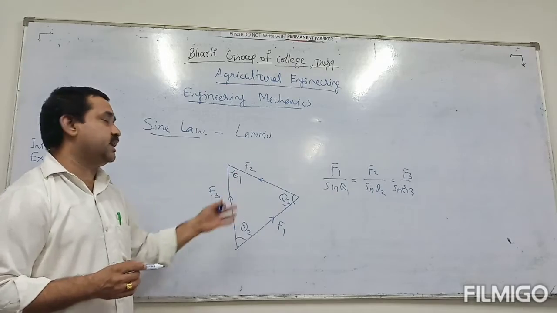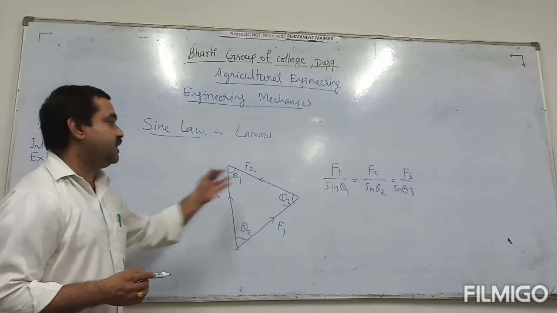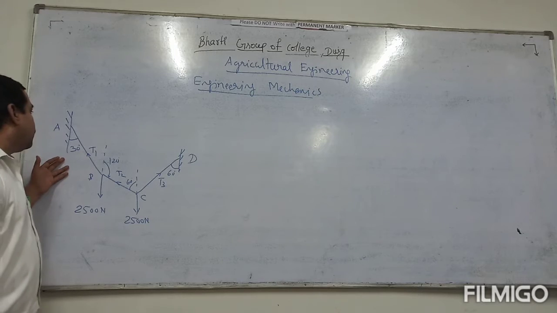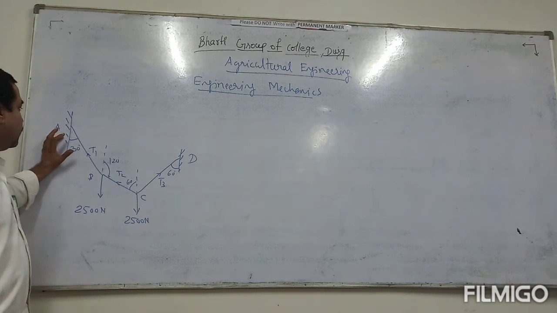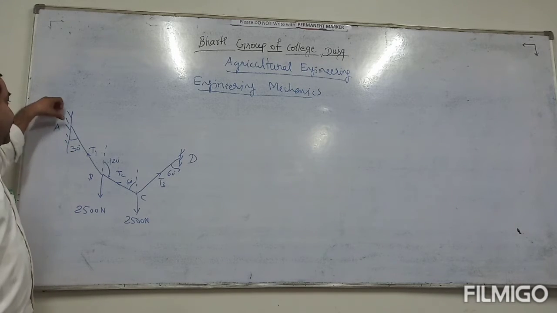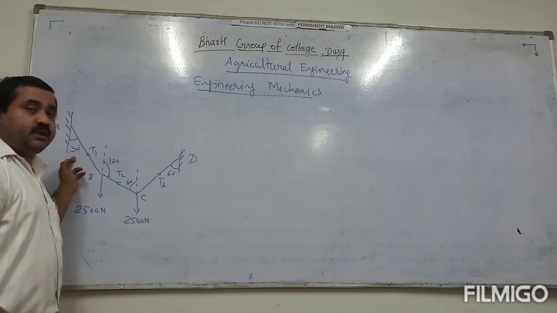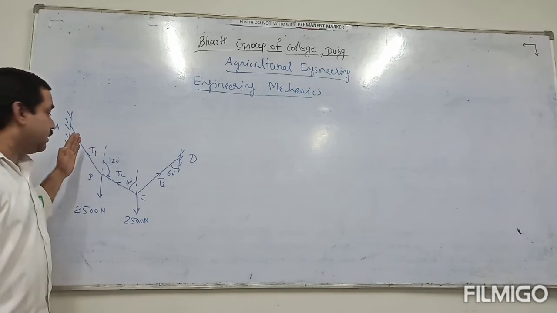If three forces are there, then this equation gives a quick result. Numerical: this thread is tied here at point A, making 30 degrees with the vertical plane.